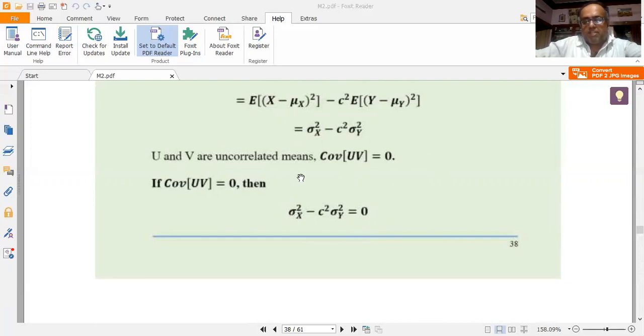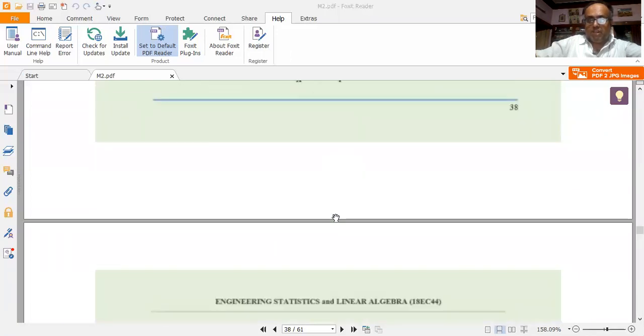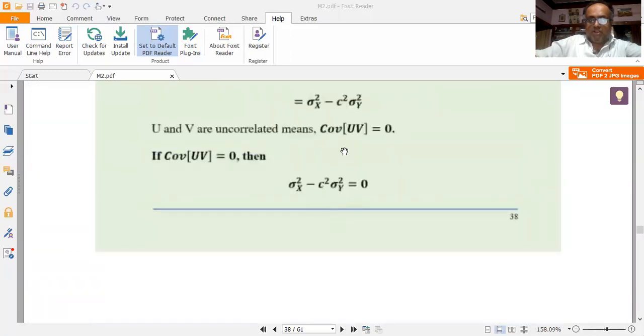What do you mean by uncorrelation? What do you mean by correlation? And what is the value of the covariance that we have discussed in the theory of covariance? In the previous videos, if you remember, I think you would be able to recapitulate. So I'm using the same criteria here. He has given in the problem statement what values c can take if U and V are uncorrelated. So if U and V are uncorrelated, then the covariance of UV should ideally be equal to 0.